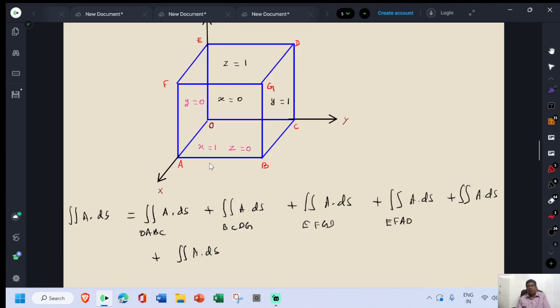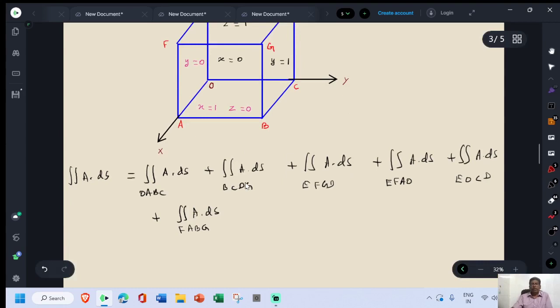Then the fifth phase is this one, EOCD. And the sixth phase is FABG. This is the sixth phase.